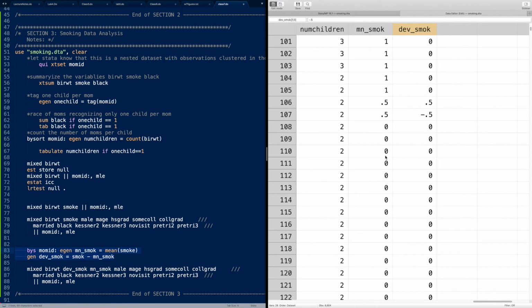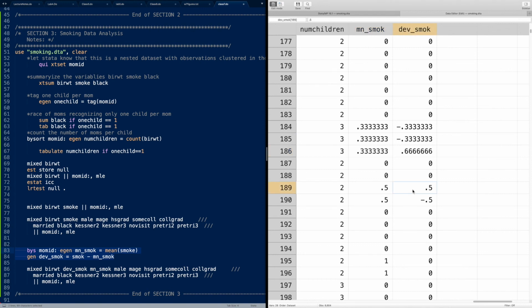So we have a sense of there's some variability, but not a whole bunch, right? So this mom had 3 births. She didn't smoke, and then her children drove her to smoke, and so she started smoking. Here the opposite effect again.